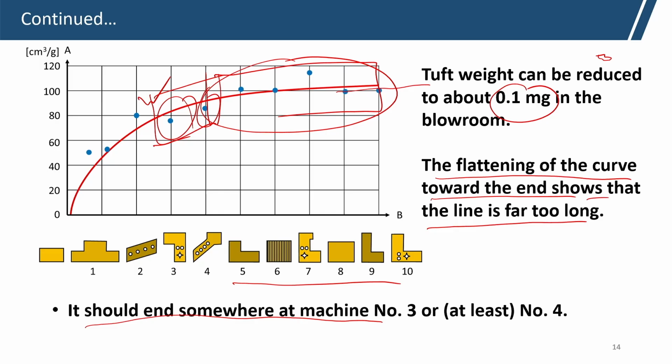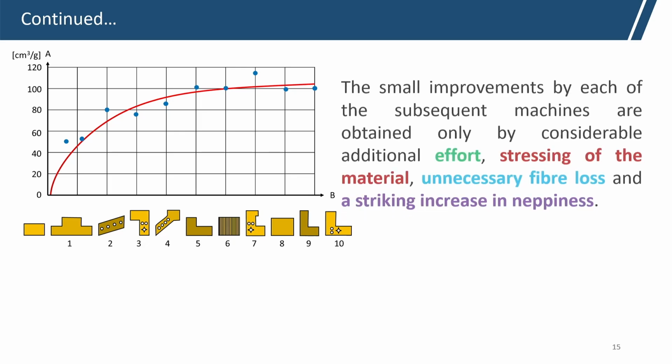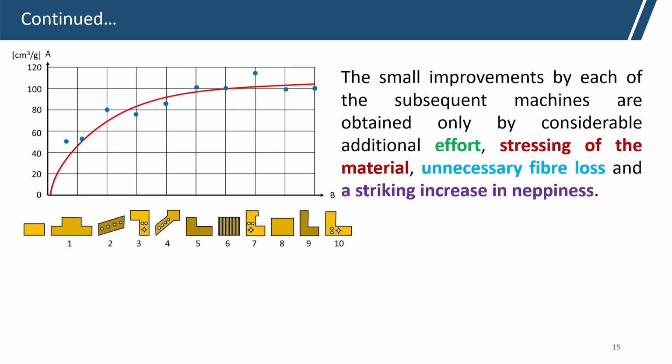Instead, carding can do the rest of the opening during individualization. Each subsequent process gives only a small improvement, very insignificant.